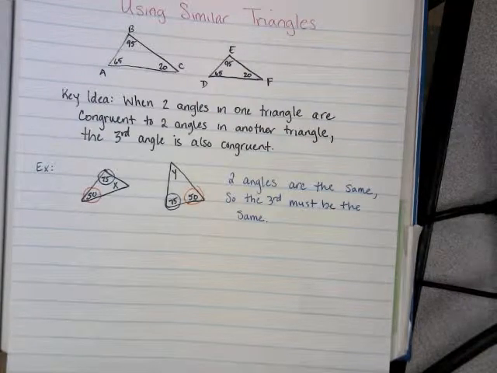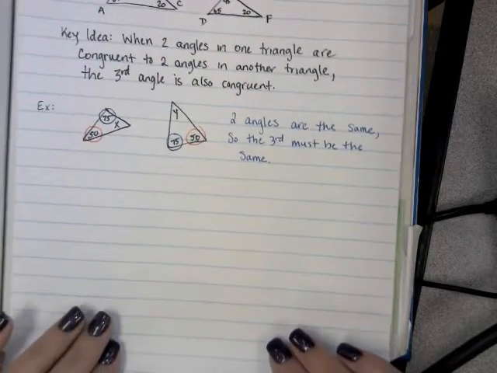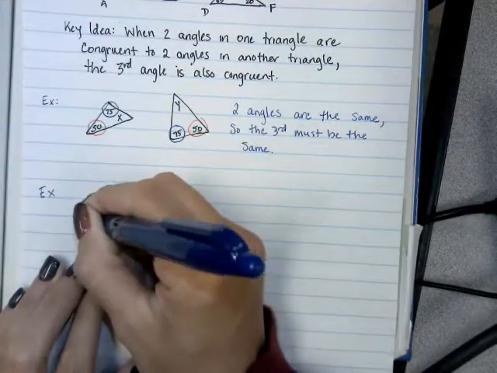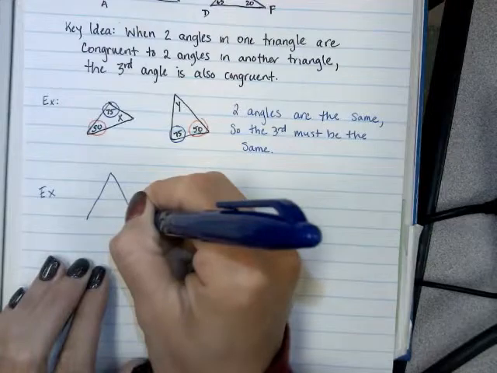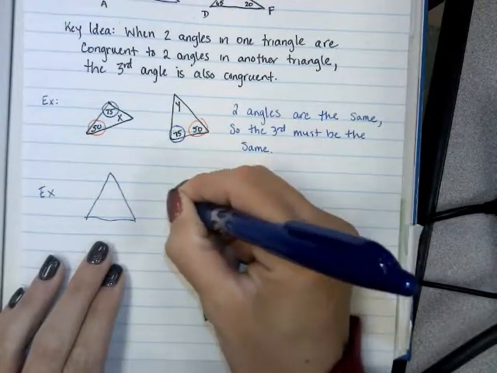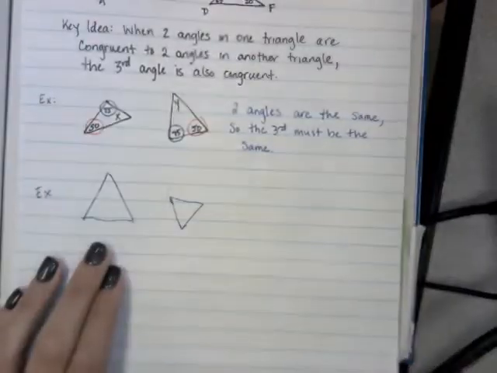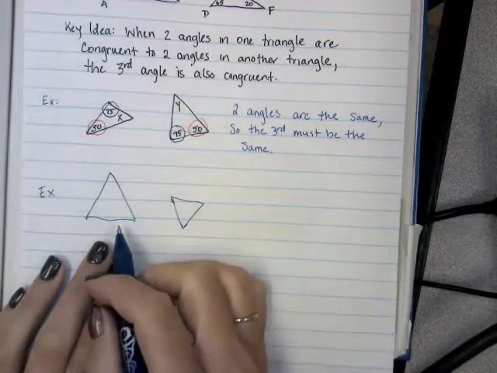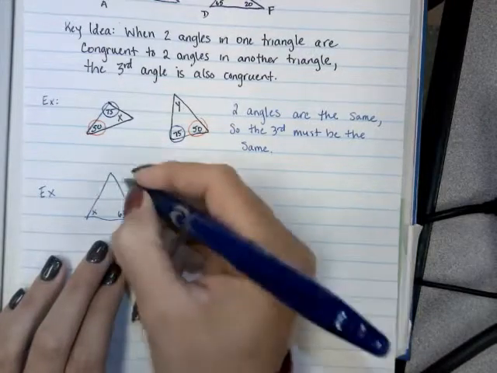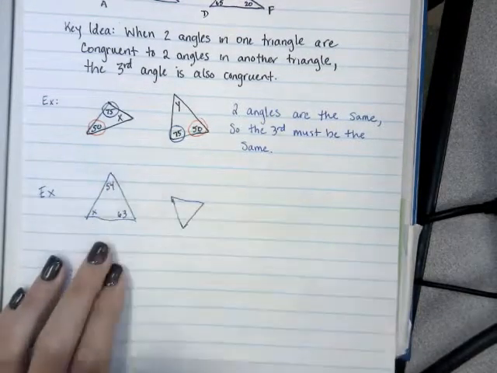Let's try a second example. I'm going to make numbers different on this one. I'm going to start with a big triangle and then have a smaller triangle. The angles in the big triangle are X, 63, and 54.